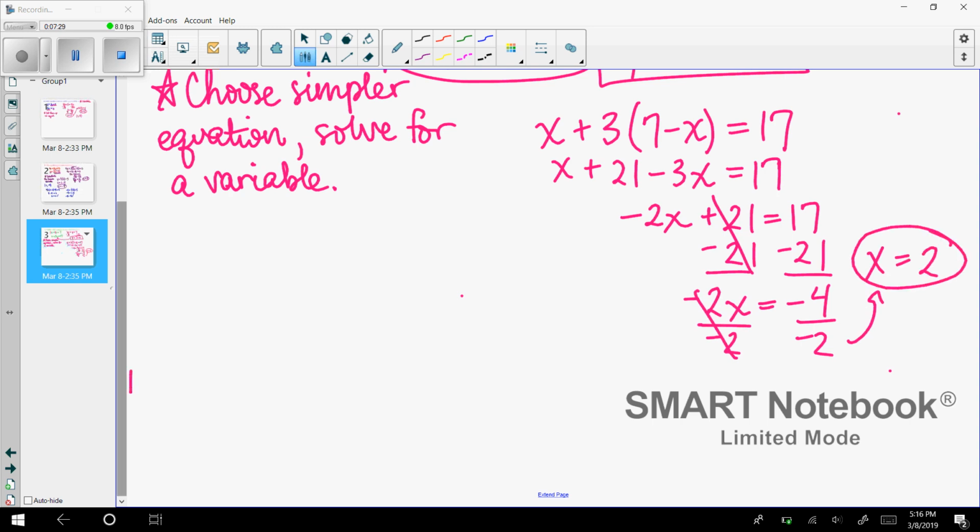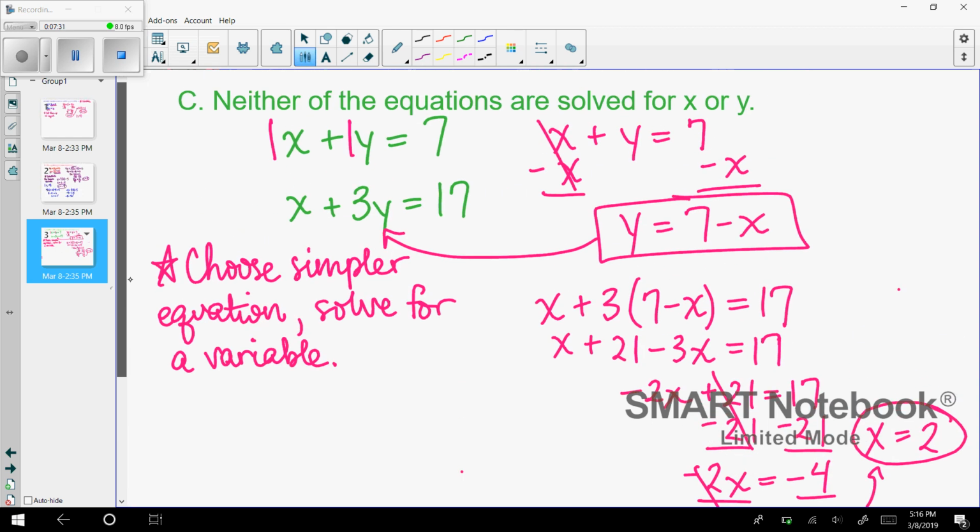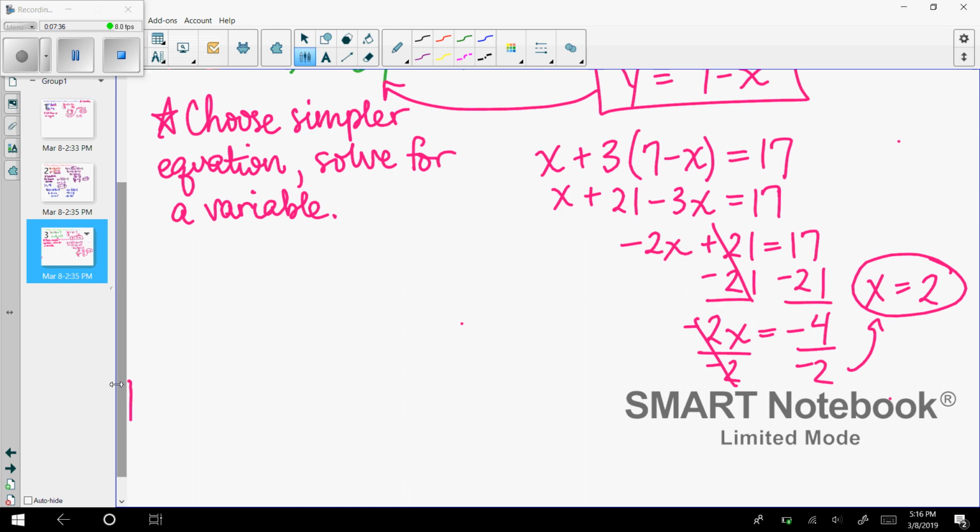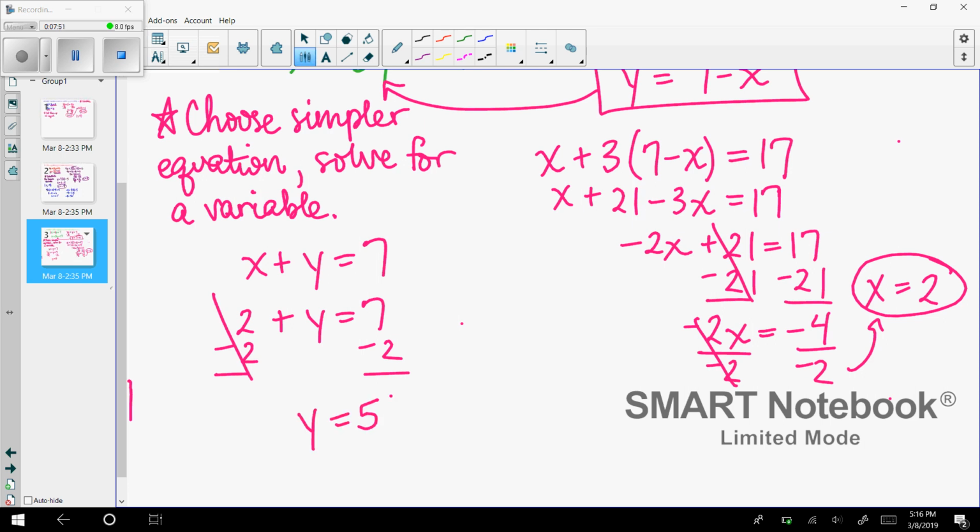Now that I know that x equals 2, I can just continue and substitute it into one of our equations to find what y is. So if I'm following x plus y equals 7, I'm going to do 2 plus y equals 7 and take away 2 from each side. y equals 5.